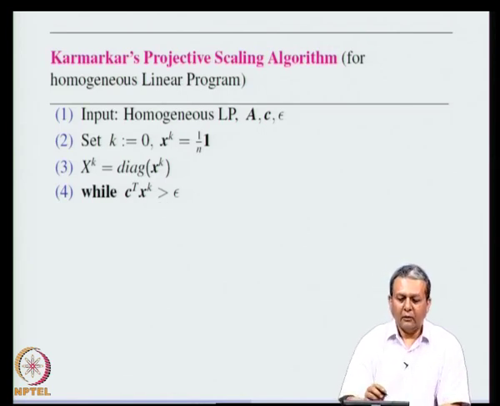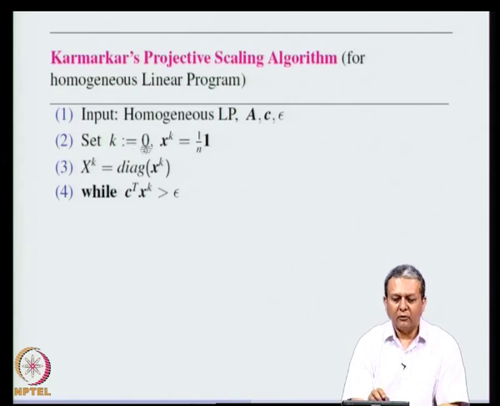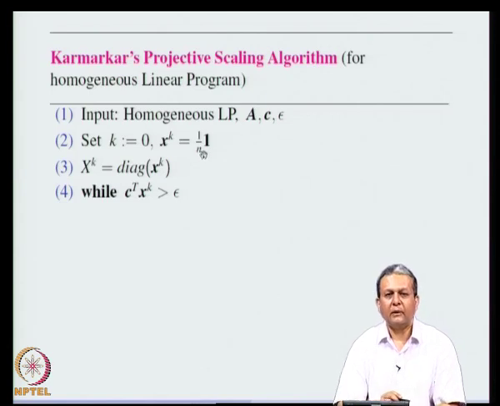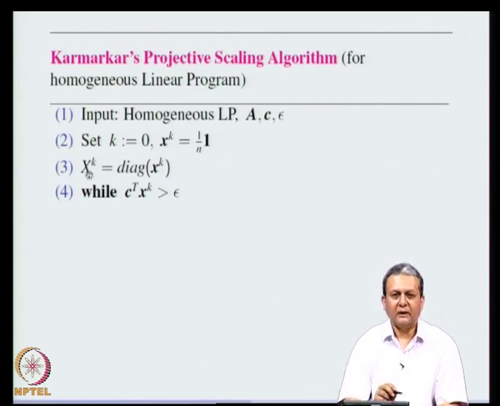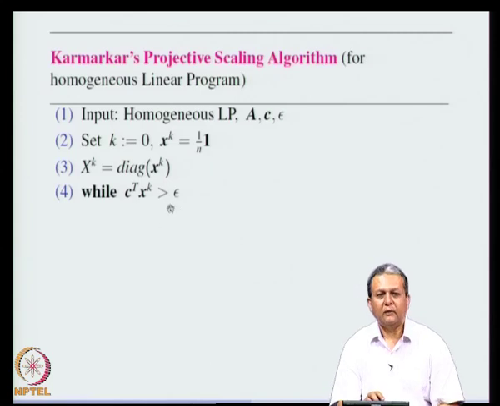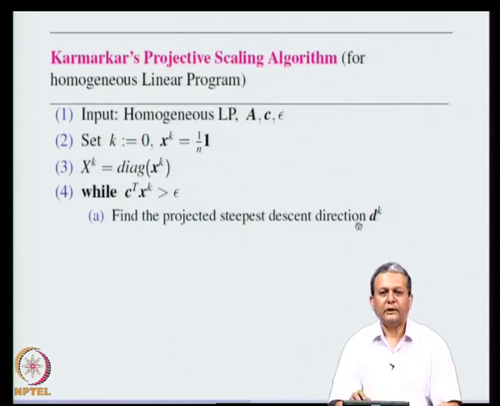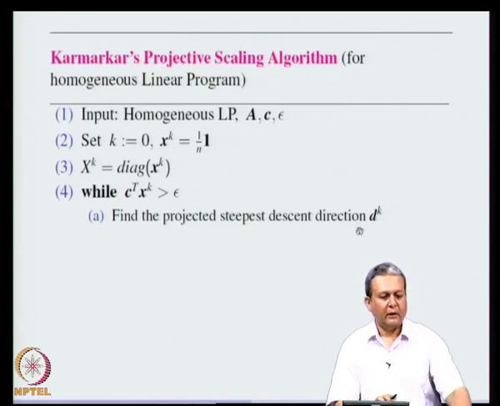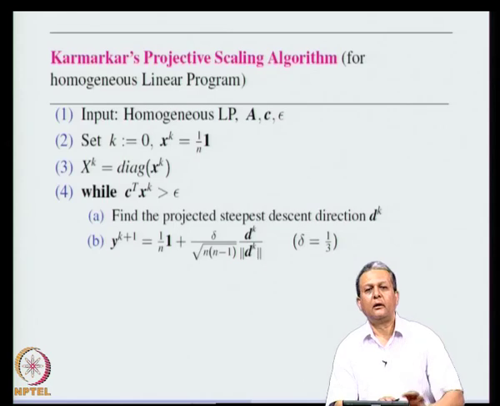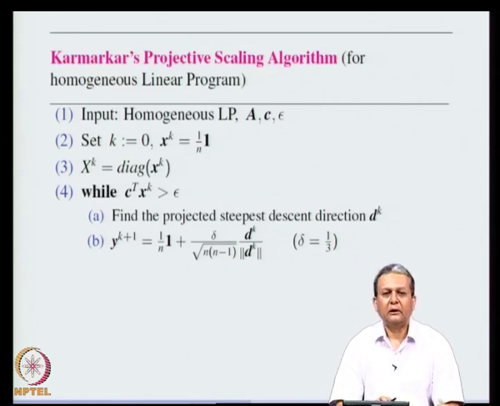Okay. So, the iteration counter is set to 0, and the initial point is taken to be the center of the feasible region. The matrix xk is set. So, while the optimum objective function value is not close to epsilon, one finds the projected steepest direction dk and then makes a movement in the y space along that direction.